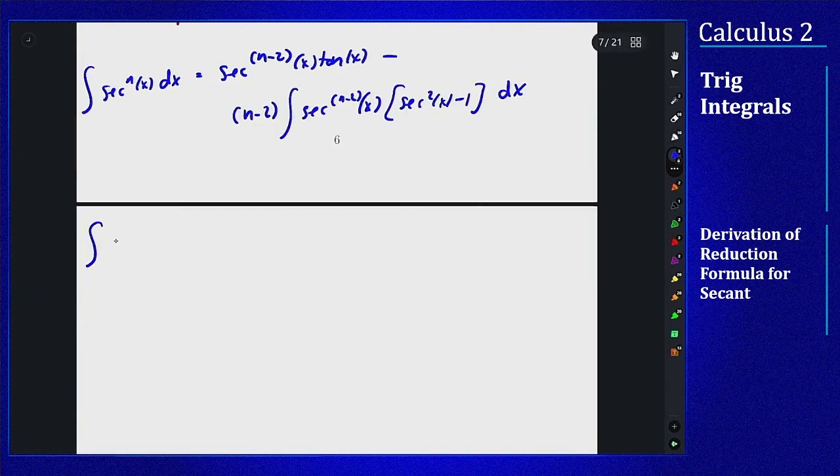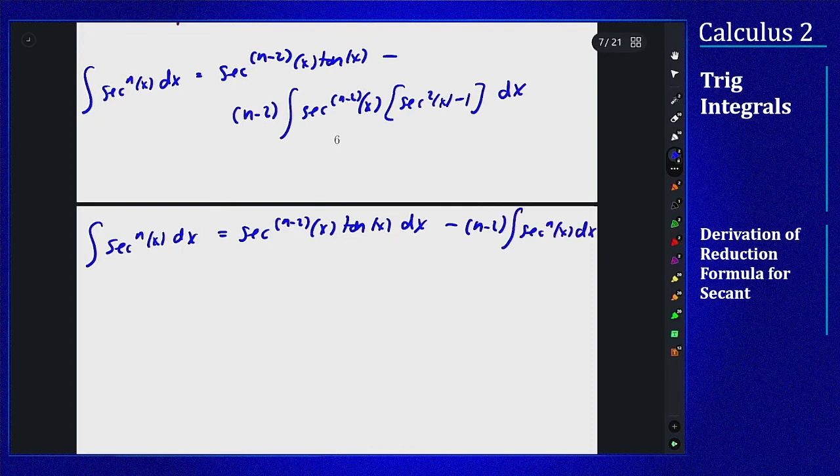So the integral of secant to the n of x dx equals our first term again, minus n minus 2 integral of secant to the n of x dx, and a second term plus n minus 2 integral of secant to the n minus 2 of x dx. I have a plus sign here because the minus sign here and the minus sign here canceled out.